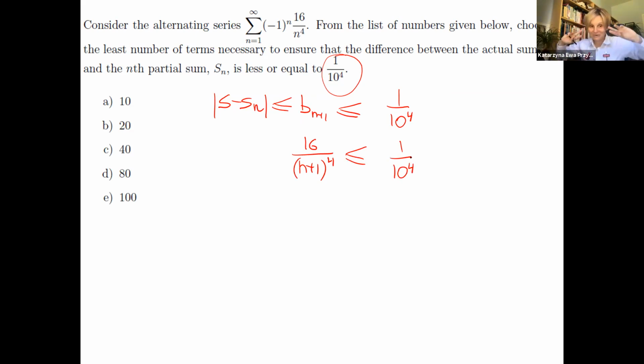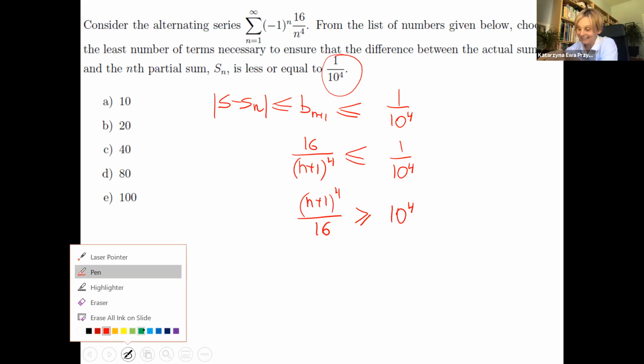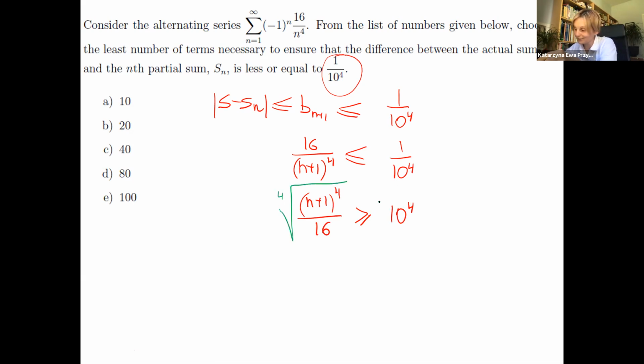Now we're flipping the numbers. n plus 1 to the power of 4 and 10 to the power of 4. I can take the 4th root of both sides. This will be n plus 1. The 4th root of 16 is 2, and this will be 10.